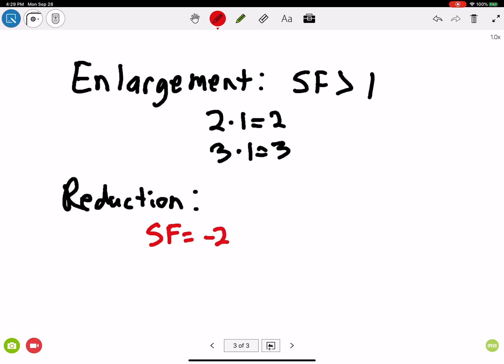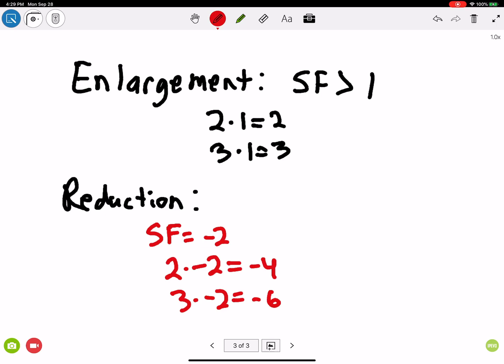Let's use our 2x3 box. 2 times -2 gives me -4. 3 times -2 gives me -6. Those look legit, right? You show me what -4 inches looks like. You show me what -6 centimeters looks like. -4 miles. -6 feet.